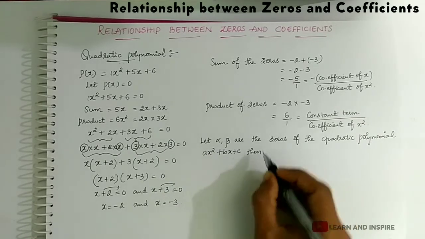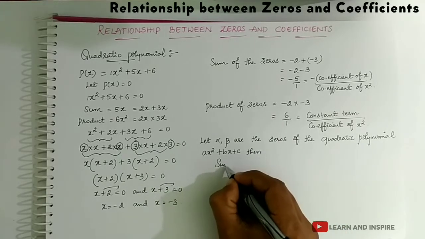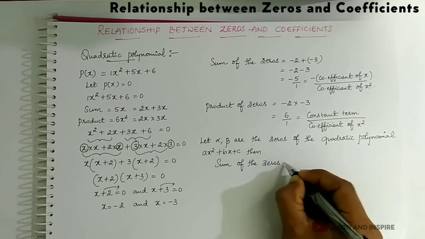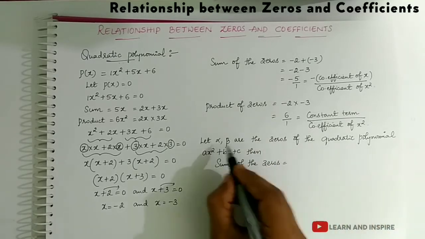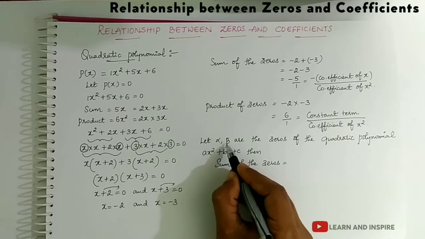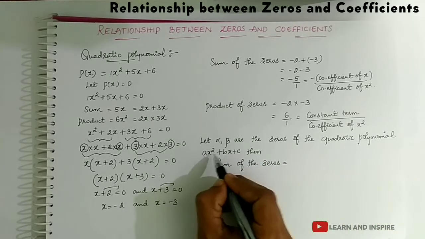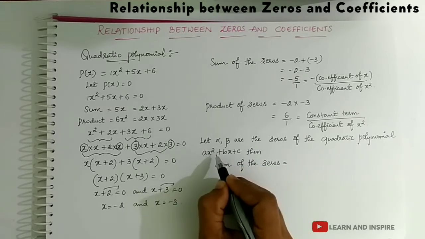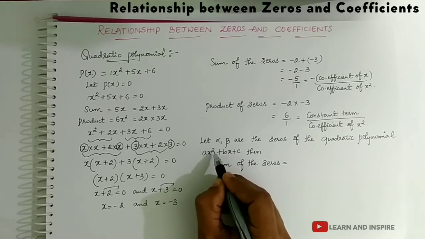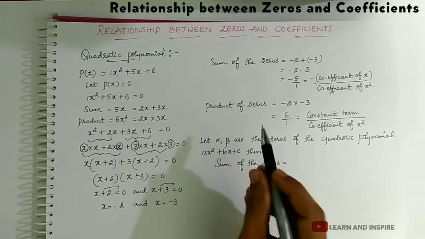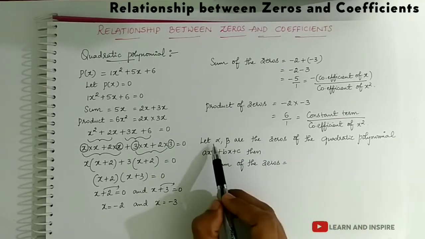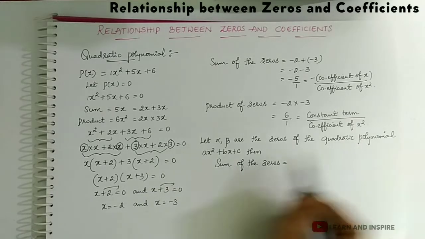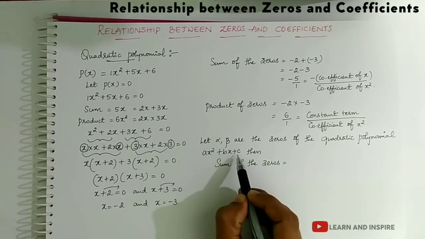Then we write the sum of the zeros. Sum is nothing but adding. So what are the two zeros? Alpha and beta. This is the standard form of a quadratic polynomial with degree 2, so here we have two zeros of the polynomial. What are the two zeros? Alpha and beta are two zeros of the quadratic polynomial ax square plus bx plus c.